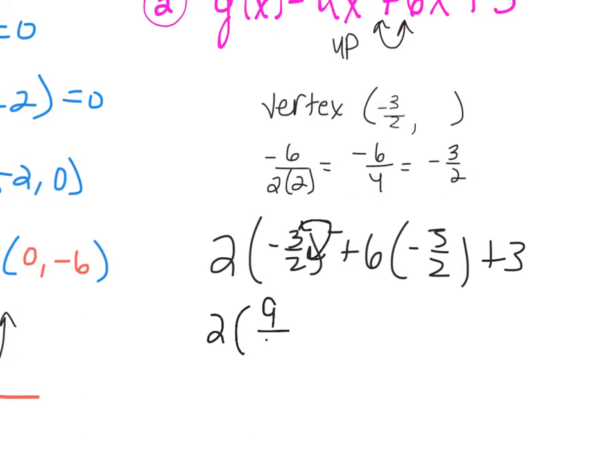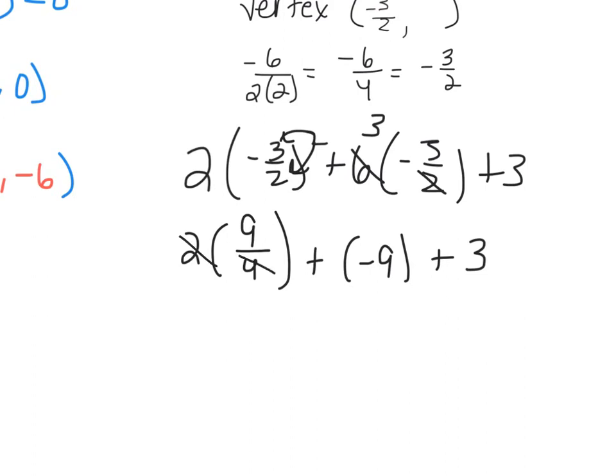What is 2 squared? Okay. Plus, what happens with the 6 and the 2? So this becomes a 3 and this becomes a 1. So I have plus, what's 3 times -3? -9 plus 3. So here we can cross this out. So this becomes 9 over 2 minus 9 plus 3.